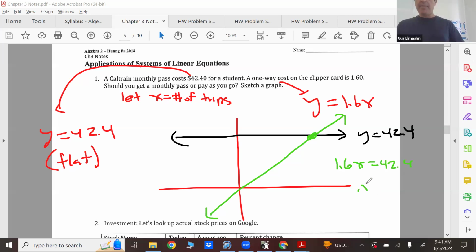Yeah, 26.5 is where they touch. You can't go on 26.5 trips, but if you go on 26 trips, the Clipper card is still better. Sorry, I take it back. If you go 26 trips, just get the Clipper card and do one way. Do the monthly pass if you do 27 or more trips. Then it's worth it to get the monthly pass. So it's just trying to figure out what's the best scenario, depending on how many times you ride it. 27 or more, you want to go monthly pass.